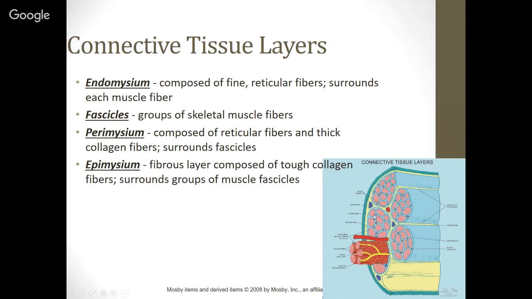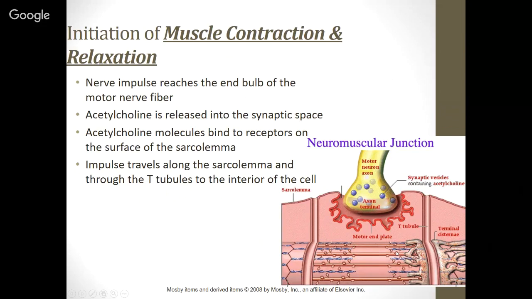So these tiny reticular fibers in the endomysium surround each muscle fiber, and together we have a fascicle. The perimysium is composed of reticular fibers and thick collagen fibers, and that surrounds the fascicle. Then the epimysium is a fibrous layer composed of tough collagen fibers, and it surrounds groups of muscle fascicles, and that's what makes up the skeletal muscle.